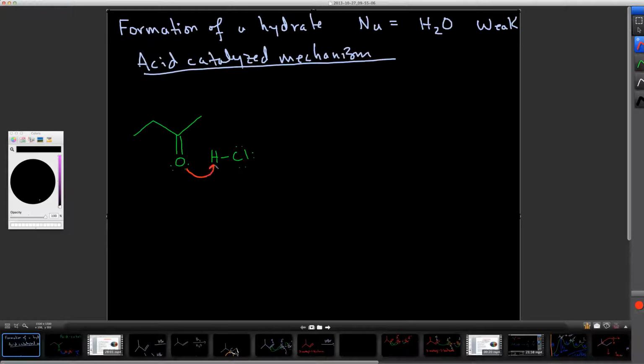So in the first step, we're going to have a proton transfer. And Cl minus is our leaving group. Our intermediate is a positively charged intermediate.